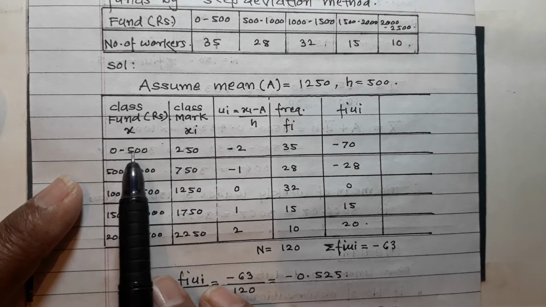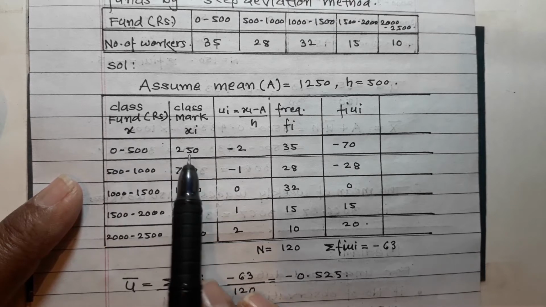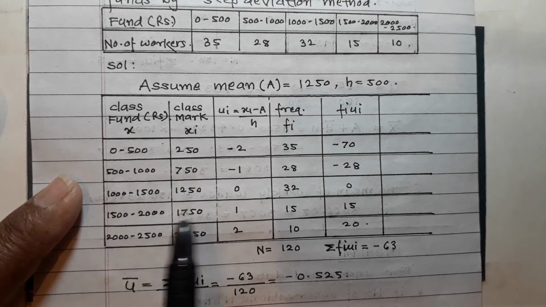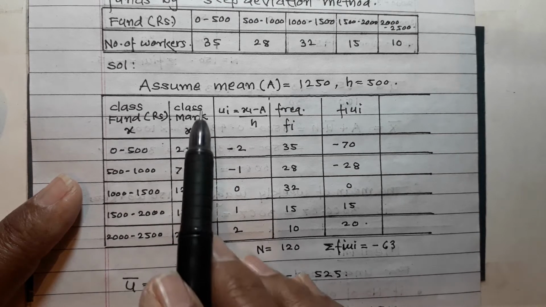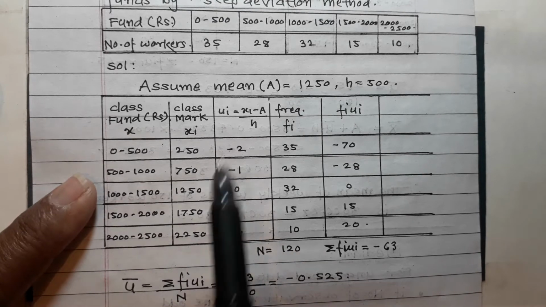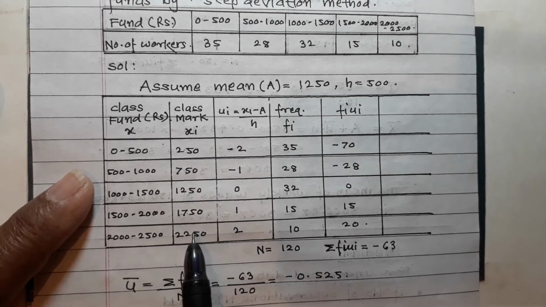So 0 plus 500 is equal to 500 upon 2, that is 250. Then this is 750, 1250, 1750 and 2250. So all these are class marks. Then assume the mean from these class marks.